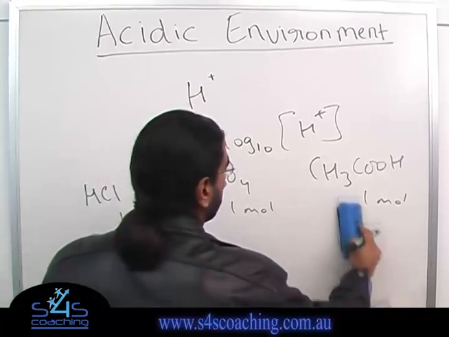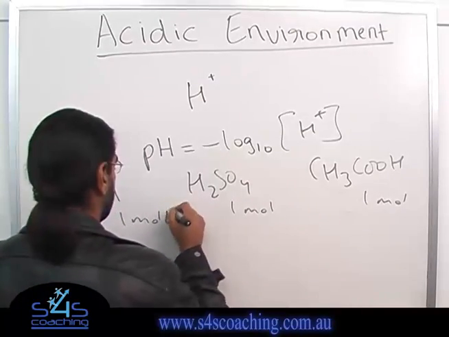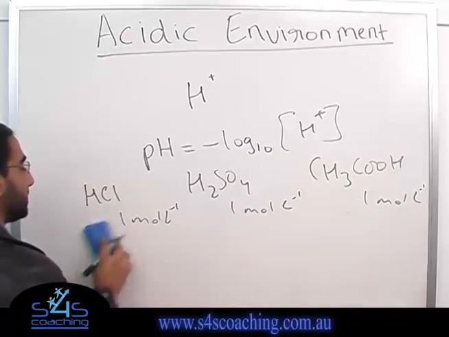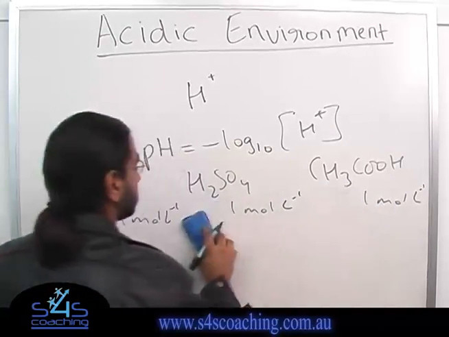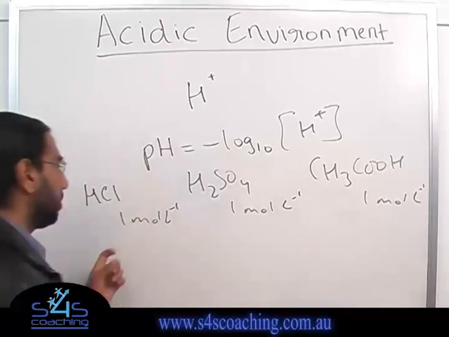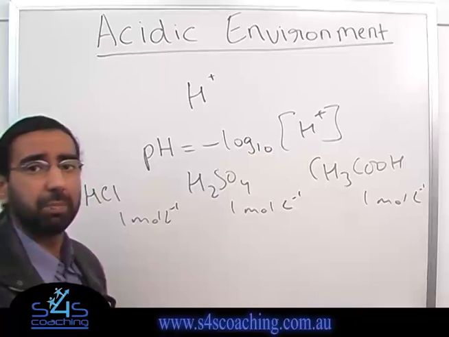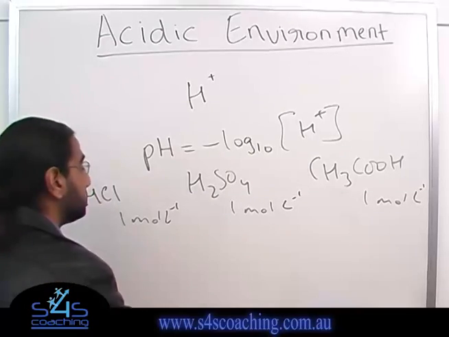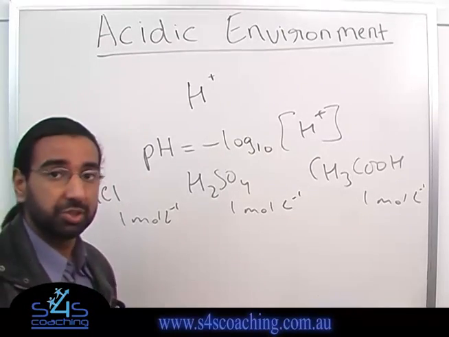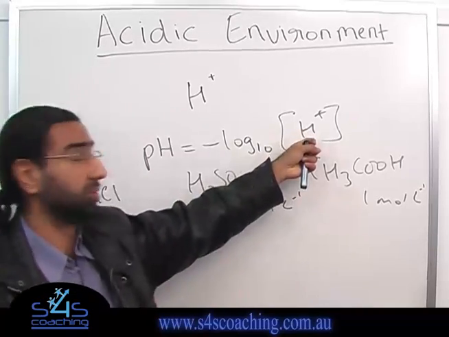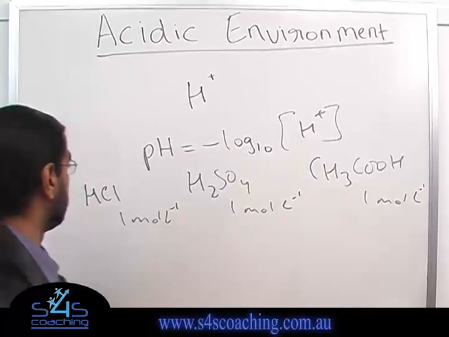So there's 1 mole per liter is the concentration of each of these three acids. And I ask you to find the pH. All the three acids have the same concentration. Does that mean they will have the same pH? No. Because pH is not a measure of concentration of the acid, it's a measure of concentration of the hydrogen that is produced by the acid.